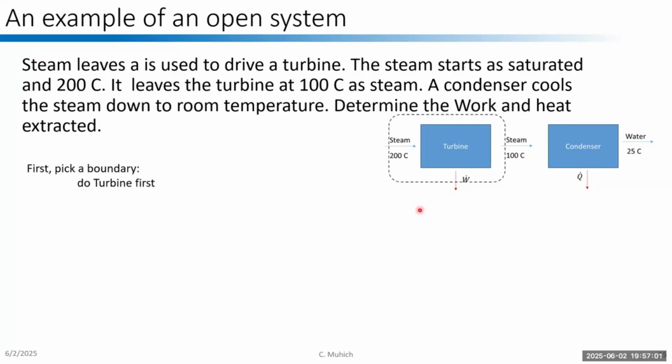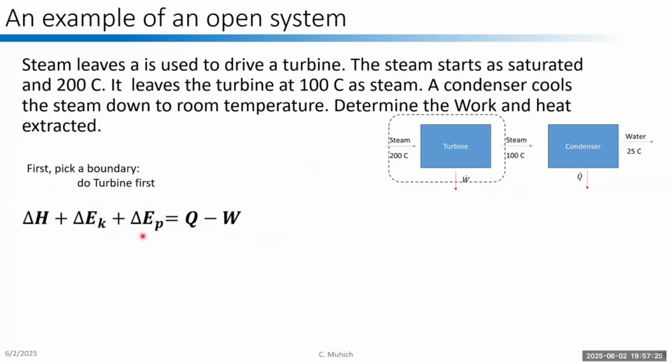And so let's do the turbine first, as it's showing up first in our system. All right, so here we have our energy balance. Again, I can look at which of these I can keep and which I can throw away. Our kinetic energy, there's no change in the kinetic energy, right? There's nothing that says I have a change in velocity.